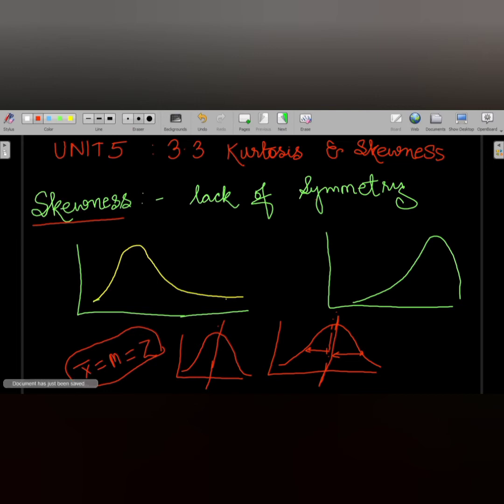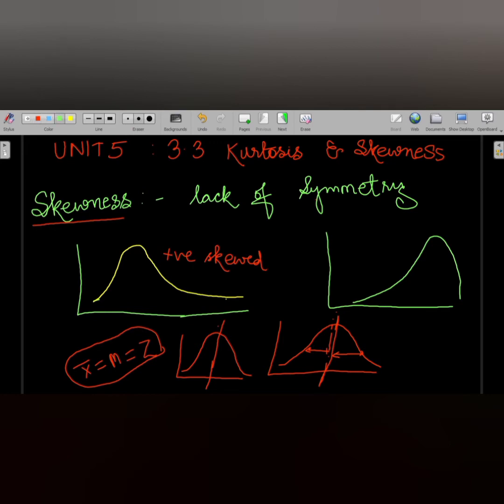Here I have drawn two figures, one in yellow and the other in green. Let's study the first figure. Here we see that the tail is moving towards the right, more deviated towards the right. So it is a positively skewed diagram.